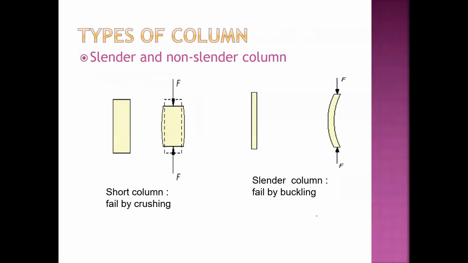And there are 2 types of column, either slender or non-slender column. For the short columns, the failure will be by crushing due to the compression. And for the slender column, the failure is by buckling due to the action of bending.